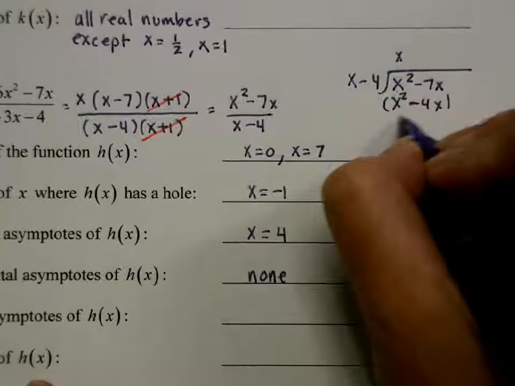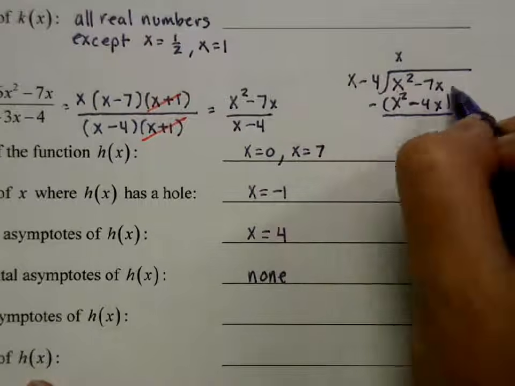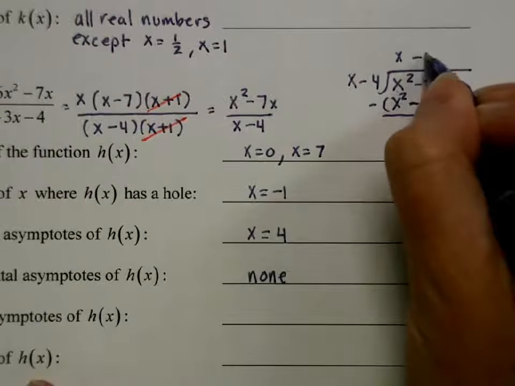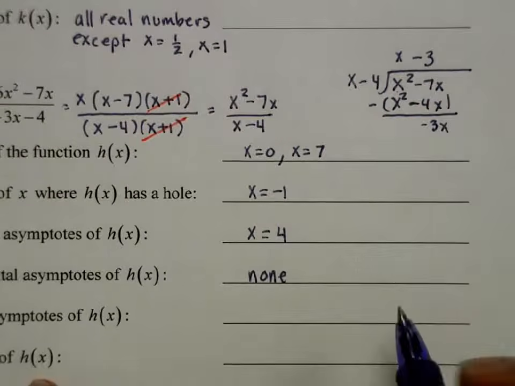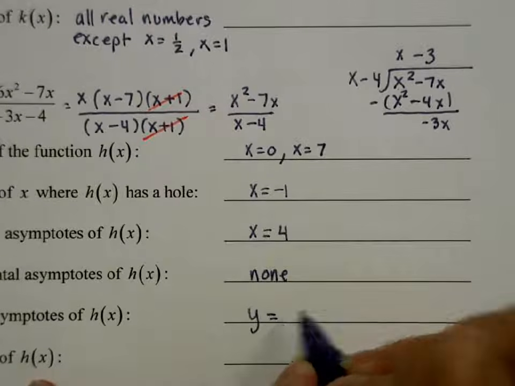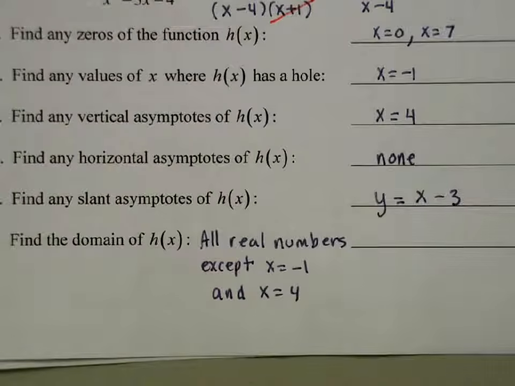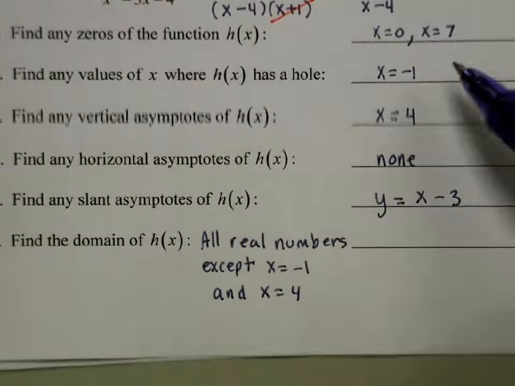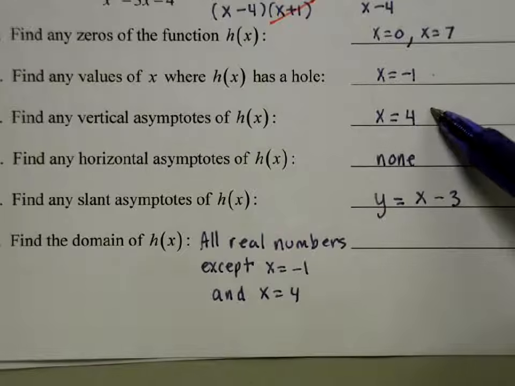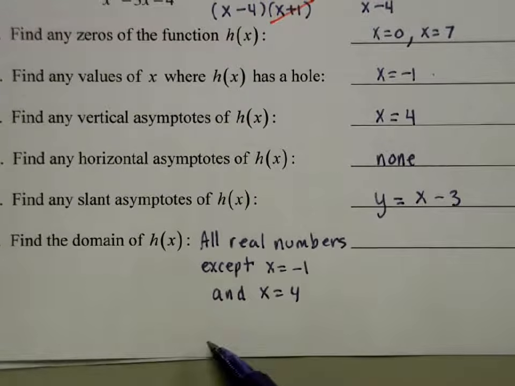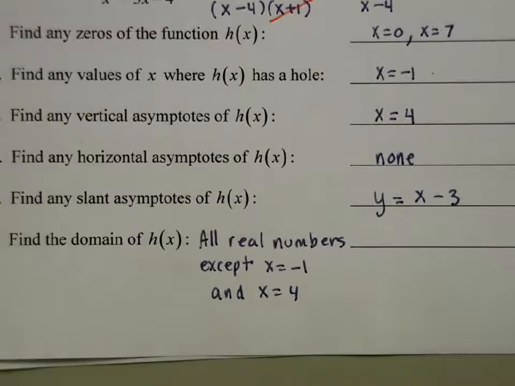So a -7 plus 4x is a -3x. So we get a slant asymptote of y equals x minus 3. And finally for the domain, everything's in except for the hole at -1 and the vertical asymptote at 4. You could also state this with inequalities and do an interval. I just find it faster to state what isn't in the domain rather than what actually is in the domain.